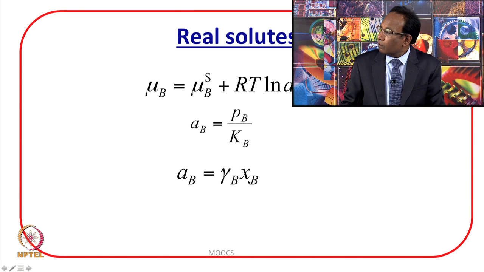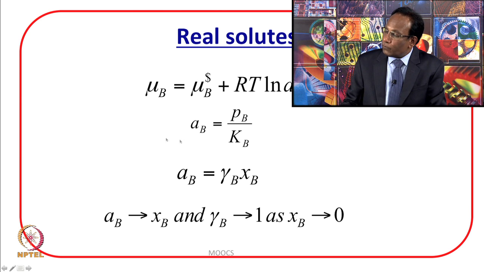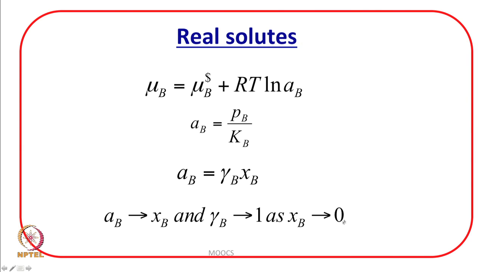In the same way, however, please note the difference over here. The solute will start behaving in an ideal manner, or will start following Henry's law, when its mole fraction in the solution approaches 0. When the mole fraction of the solute approaches 0, its activity coefficient will approach a value of 1, and then instead of activity we can write mole fraction.